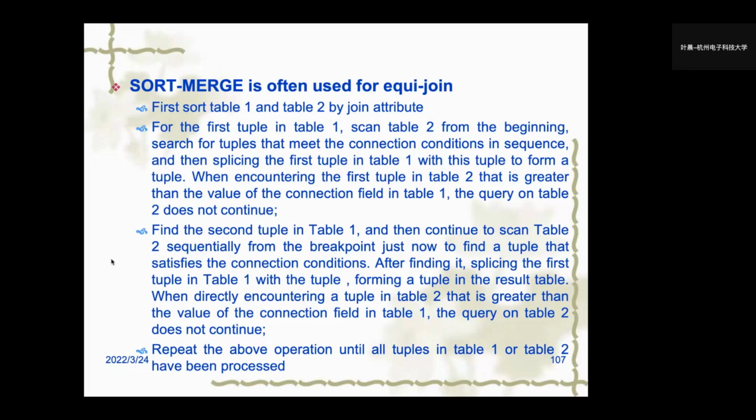So when encountering a tuple in table 2 that is greater than the value of the connection field in table 1, the query on table 2 does not continue. So it will repeat the above operations until all the tuples in table 1 or table 2 have been processed.